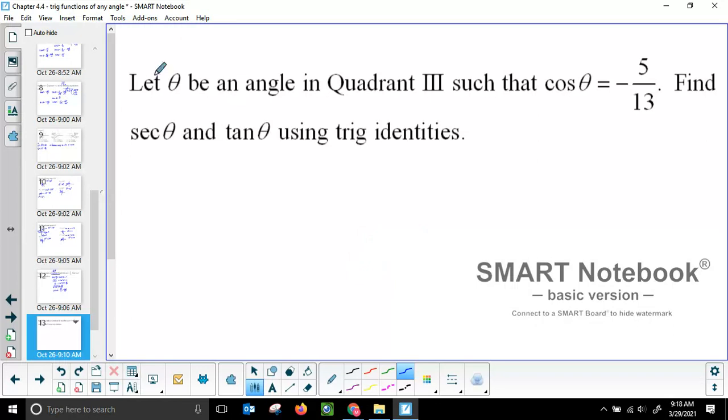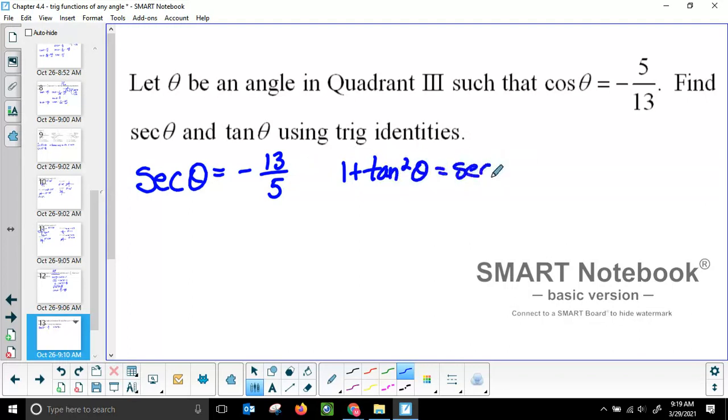Okay, so let's take a look. Like we said, secant of theta is very easy. It's simply the reciprocal of cosine, so negative 13/5. Then we have the Pythagorean identity that says 1 plus tan squared theta is equal to secant squared theta.